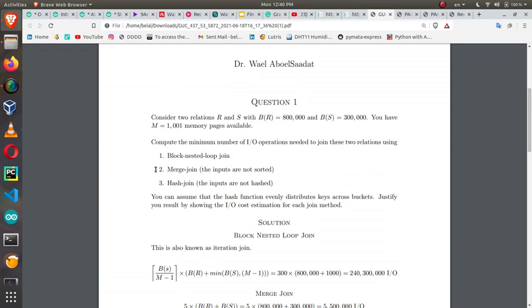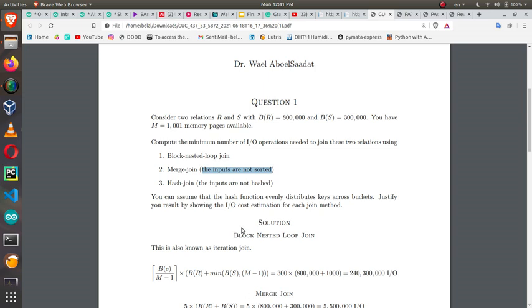The merge join, as we have just said during the previous synopsis of the lecture. He gives us this hint: the relations are not sorted, so we need to sort them. Sorting each block for each relation will cost us 4 IOs.